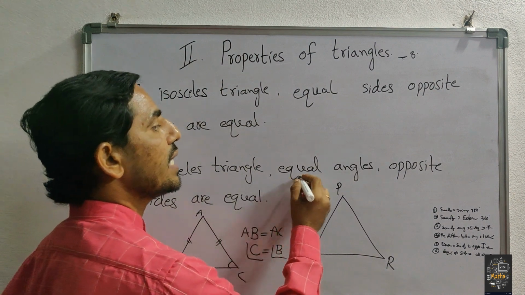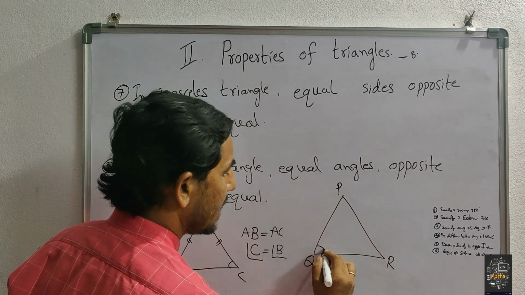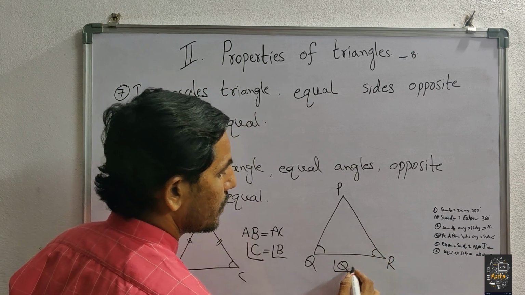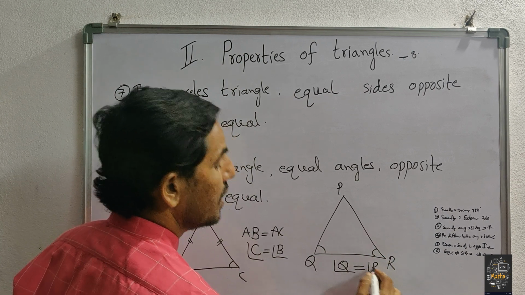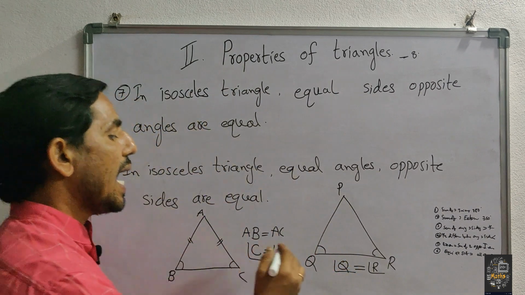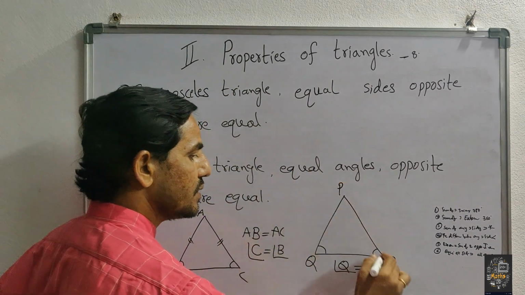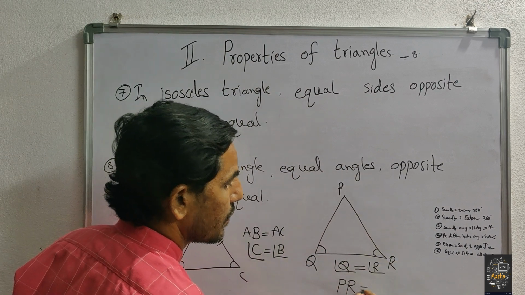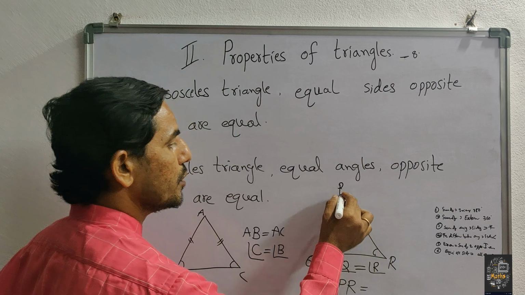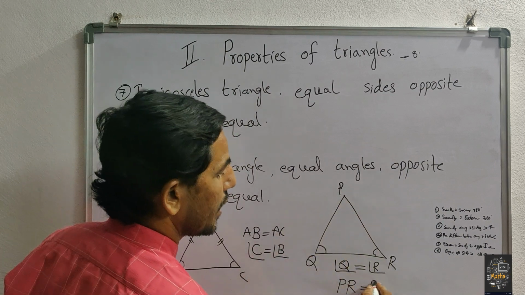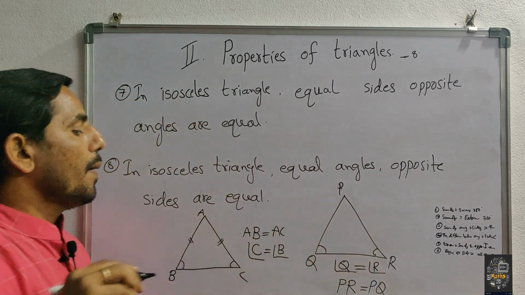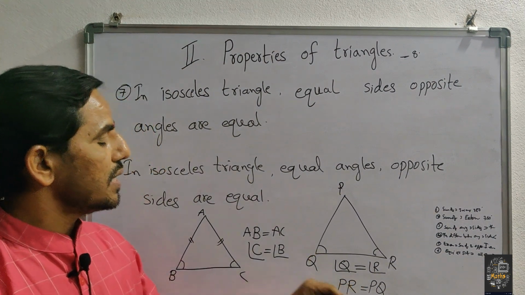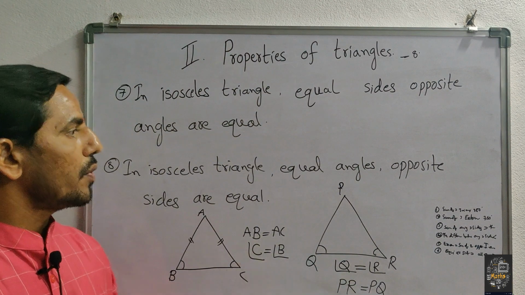First of all, the equal angles: angle Q is equal to angle R. Angle Q opposite side is PR, and angle R opposite side is PQ. So PQ is equal to PR.